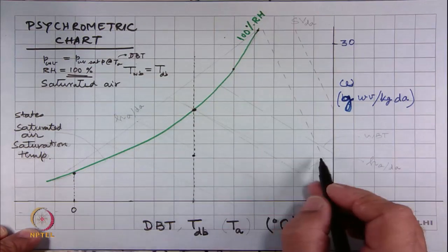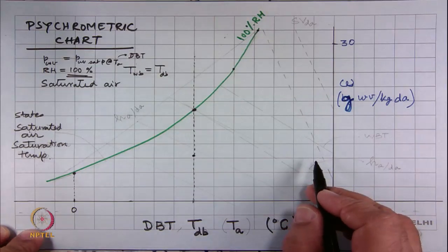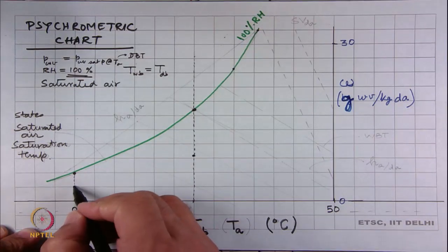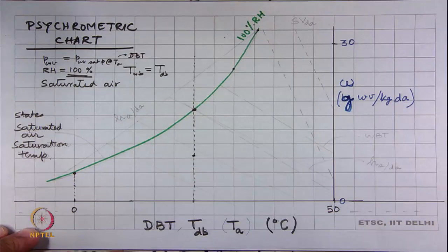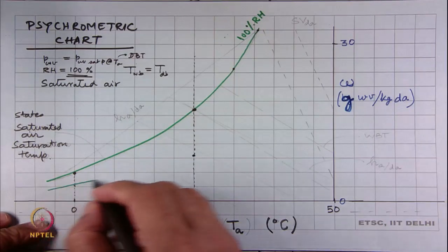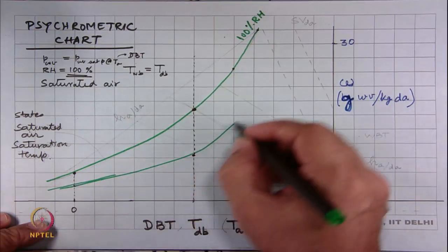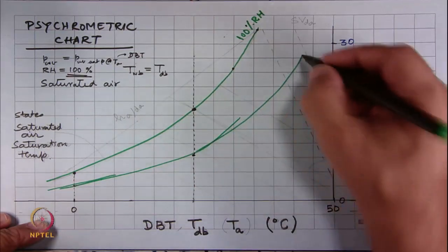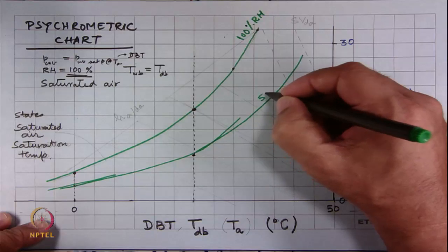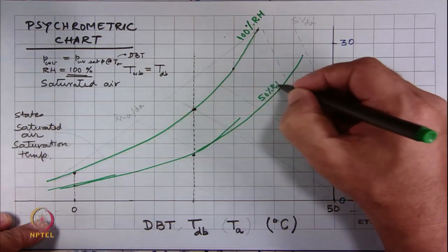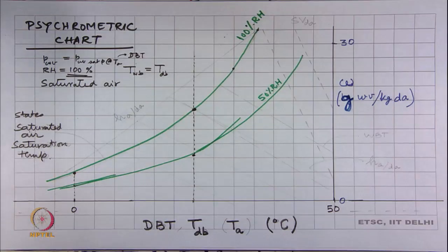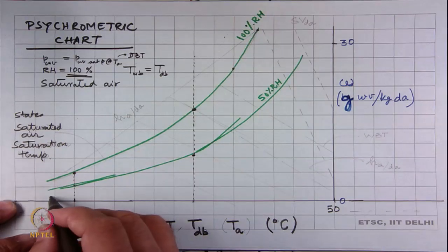The omega here corresponds to 50% relative humidity. Similarly, we can do that for each one of these, and that will create another line which will be like this, and this would be the line of 50% relative humidity.